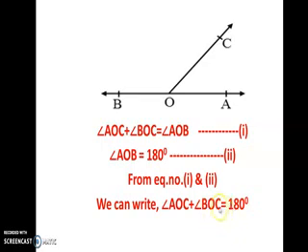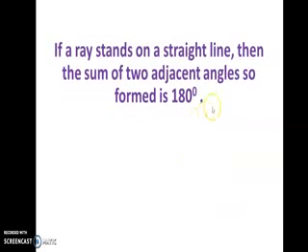In our textbook, it was given as axiom 3.1. What it states: if a ray stands on a straight line, then the sum of two adjacent angles so formed is 180 degrees. Children, can we make the converse of this axiom?